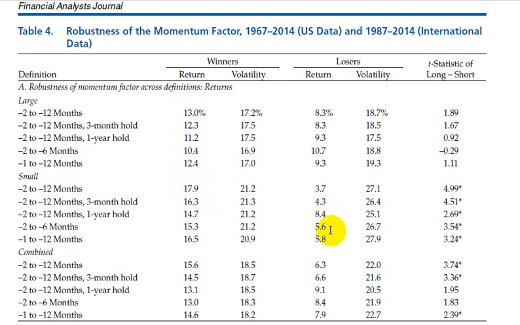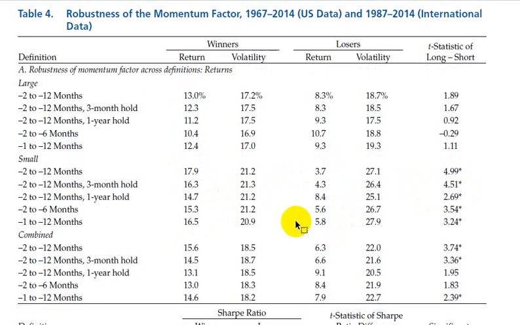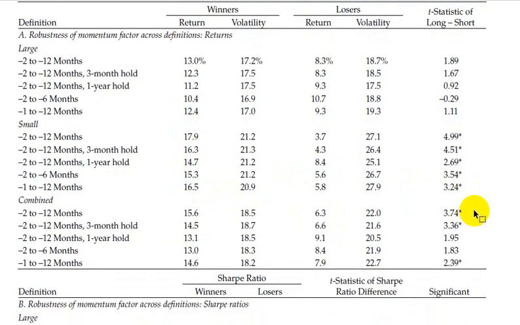Returns of losers were down to 3%. So that's a pretty big difference and statistically significant. From a combined perspective of small and large cap, we see that there is a statistically significant difference in some of the cases.